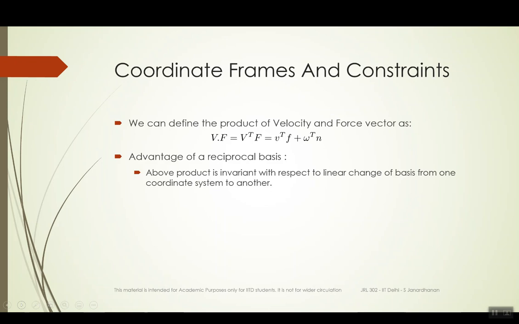Okay, the advantage here is that when you know that you have reciprocal vectors, you have two sets, v and f, that are part of a reciprocal set of bases. Then if I change the units of one of them, the condition of reciprocity doesn't change.